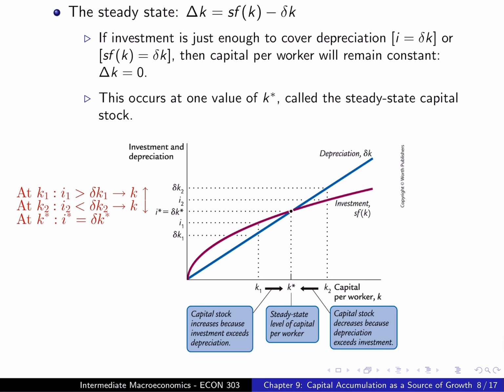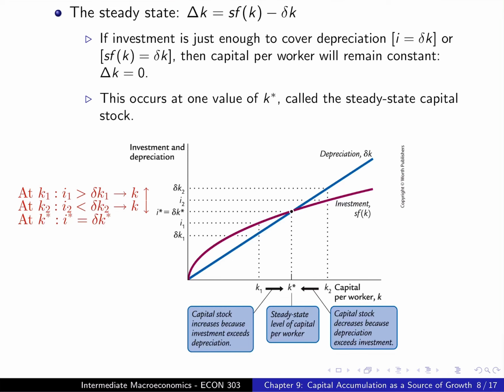From the capital accumulation equation, Δk = s f(k) − δk. Setting Δk = 0, the steady state condition becomes s f(k*) = δk*, where k* is the steady state level of capital per worker.